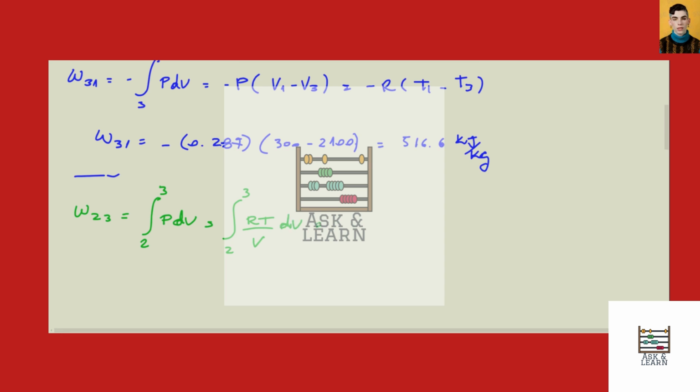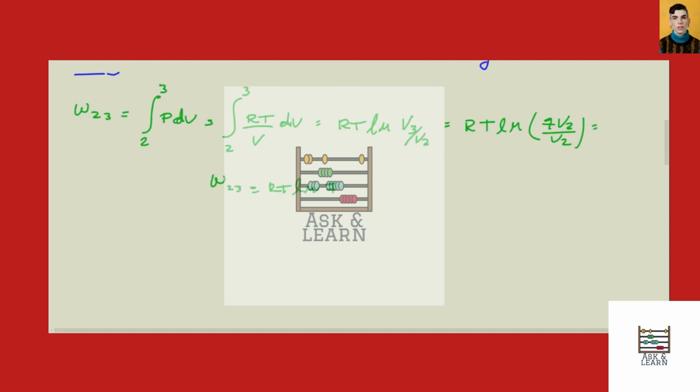If we make the integral, we find RT natural log of V3 divided by V2. Therefore, this is just RT natural log of 7 V2 divided by V2, which is precisely RT natural log of 7.